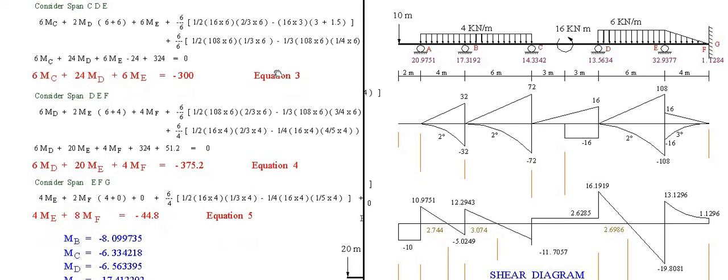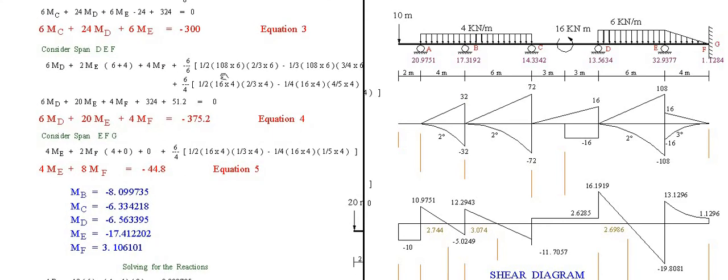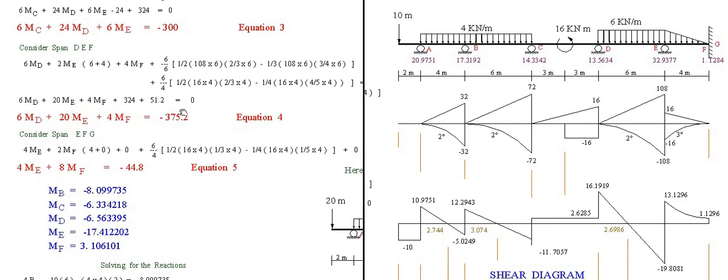Okay, next we have, consider these two spans DEF. D, E, F. First span, second span on the right.